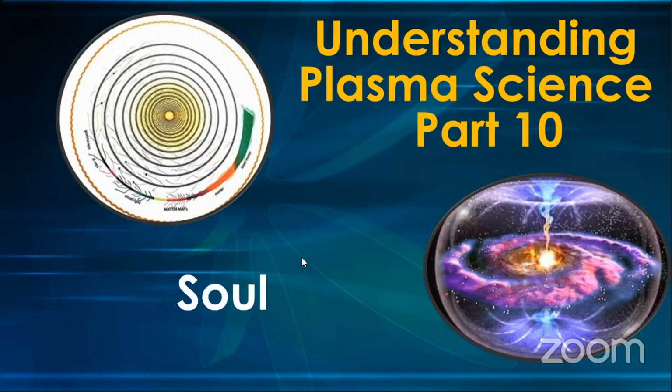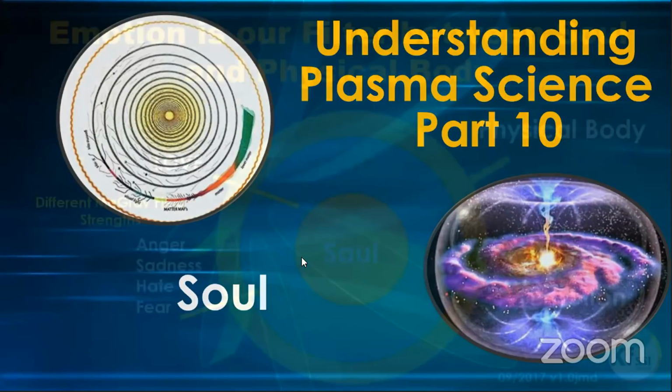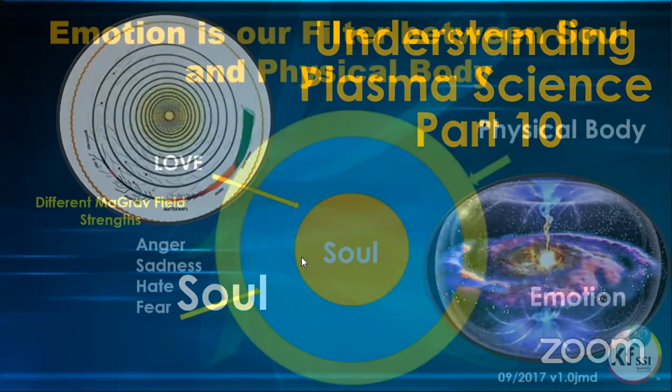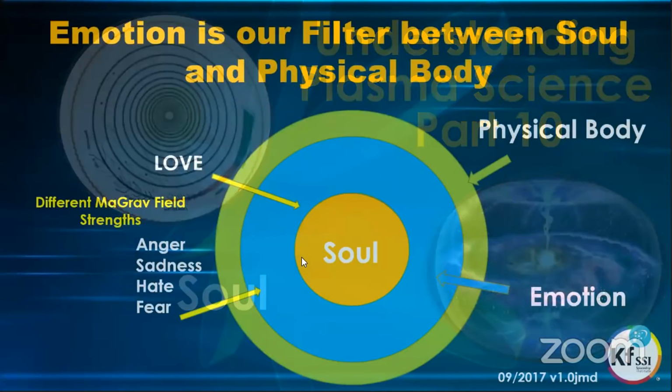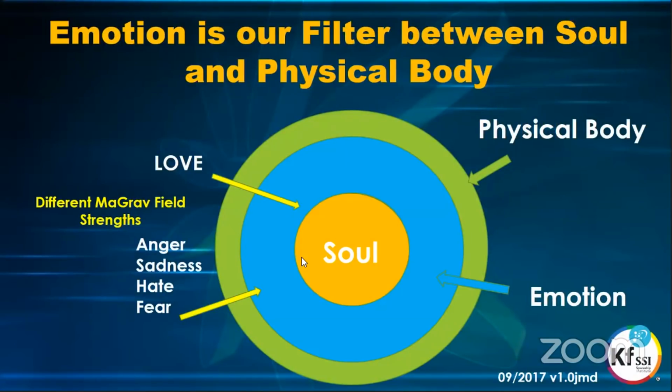Hi, everybody. I'm going to do a little bit of the soul now. Today we're going to talk a little bit more about how our emotion is the filter between our soul and our physical body, and how we can try to deal with this and start working on lifting these layers of filters between our physical body and our soul.